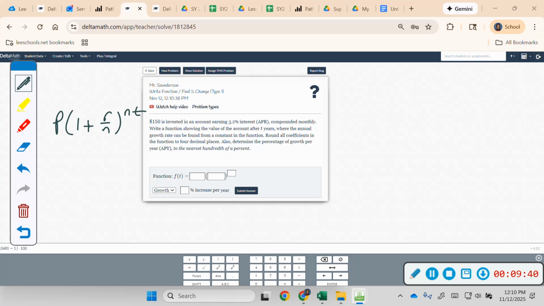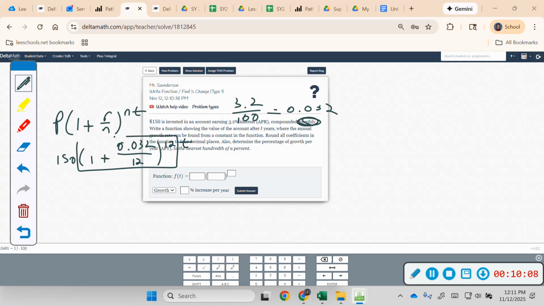Okay, so the principal is 150, parentheses 1 plus the r, that would be 3.2 divided by 100, because your rate is a decimal, not a percentage. That'll be 0.032. Then we're evaluating that over n. N is the amount it's being compounded by. There are 12 months in a year, so this will be 12. Exponent will be 12. Rewrite the t.